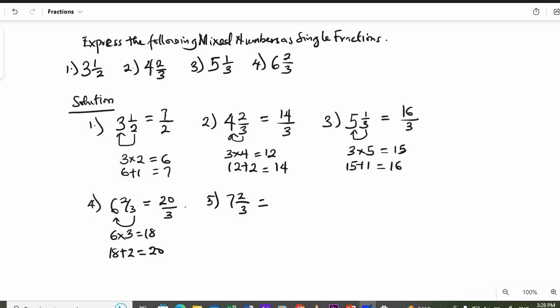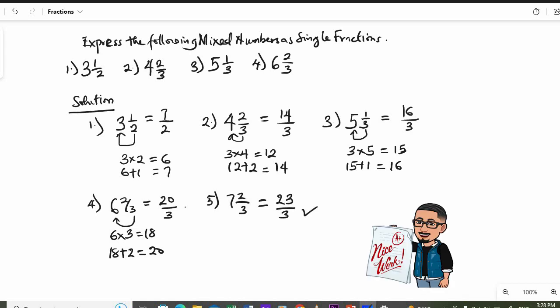Okay, you can pause the video and work it out yourself, and then replay the video to check the answer. So if you got 3 times 7, 21, 21 plus 2, that's 23. So if you got 23/3, you are absolutely right.